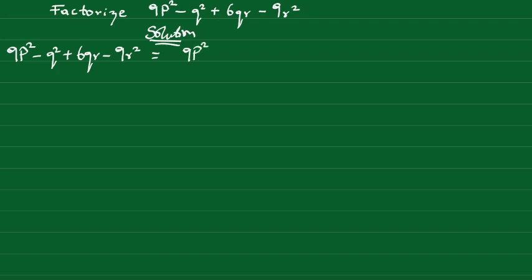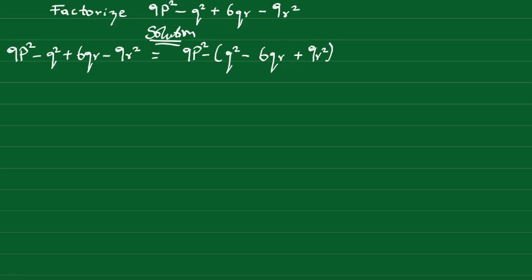We factor out minus, the subtraction from the other part of our expression. Hence we have minus, bracket open, q squared, where we have a plus before it becomes minus, 6qr, and our plus becomes minus 9r squared, bracket close.